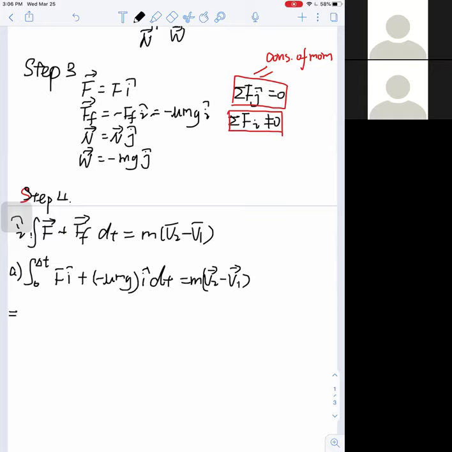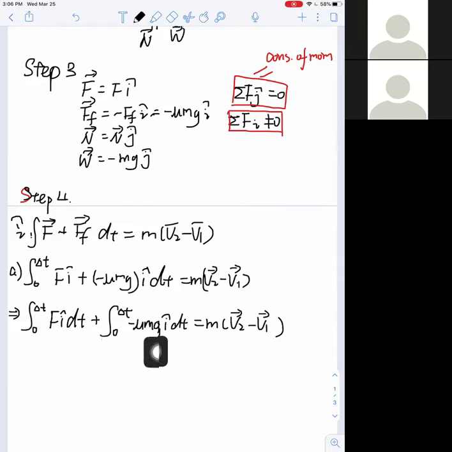So this can be written as integral 0 to delta t, just for the first term, F I dt, plus integral 0 to delta t, negative mu mg I dt, that equals m v2 minus v1. Okay, so now we have two integrals here.